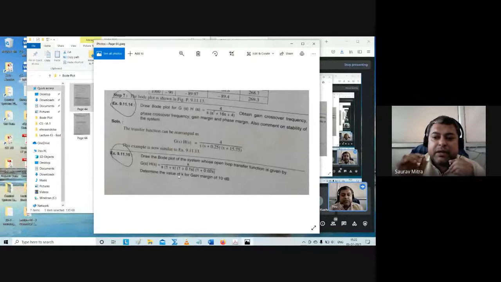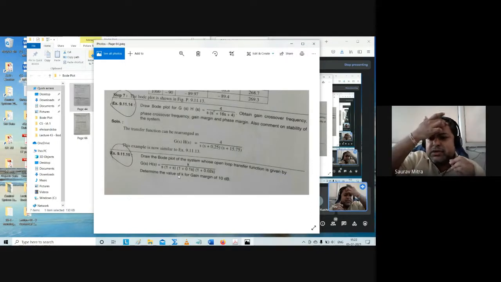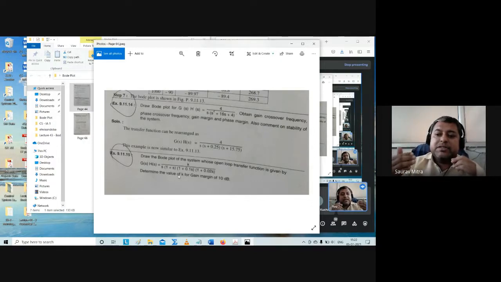And how is this numerical different? Whatever Deepak sir has asked you in root locus, as much as I have seen in the second OBA, I think one numerical is there. I don't remember which OBA it is, I think the first one. He has given a big block diagram and asked what will be the value of K for system stability.